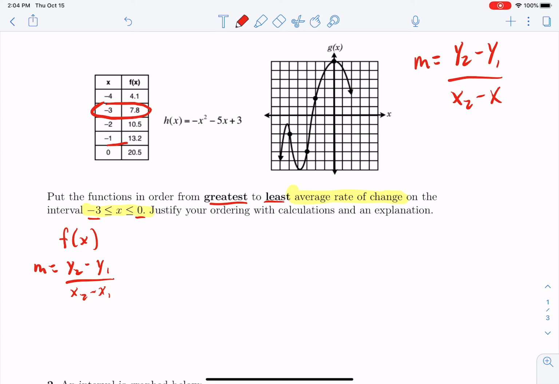At 0, my y value or my f of x value is 20.5. Now I'm just going to label these x1, x2, y1, y2. All right, so plugging this into the equation, I'm going to get m equals 20.5 minus 7.8 divided by 0 take away -3.